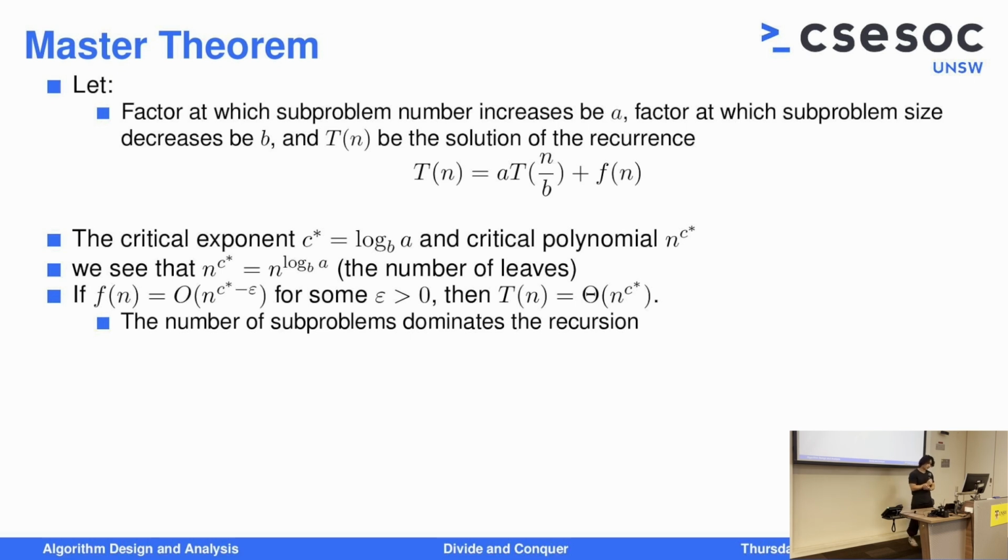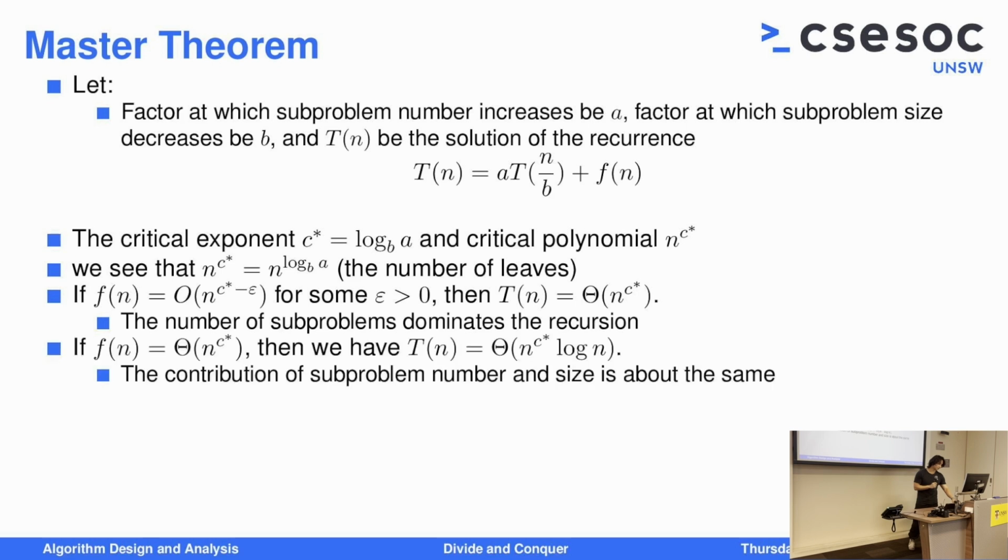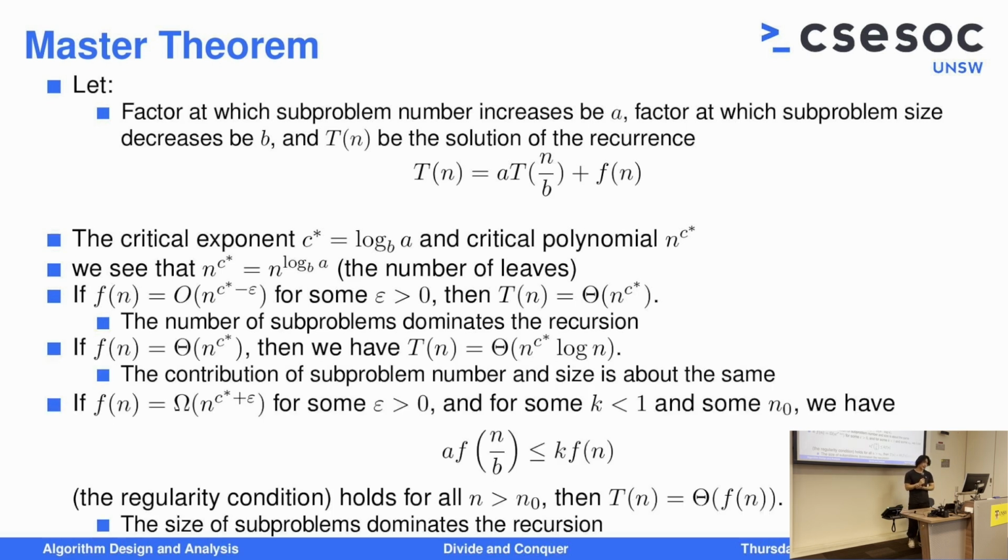So we see that n to the c* is equal to n to the log base b of a. This is actually equal to the number of leaves on our divide and conquer recursion tree. Now we have a couple of cases of the Master theorem. If f(n) is equal to O of n to the critical exponent minus some epsilon, then T(n) is going to be precisely theta of n to the critical exponent.